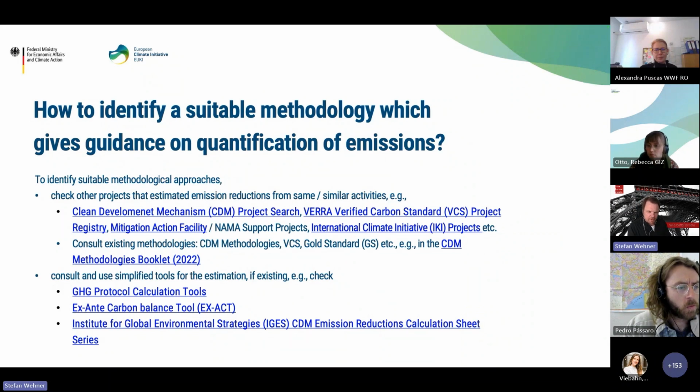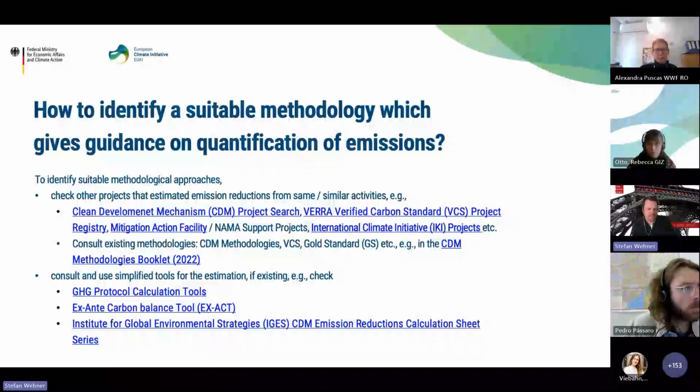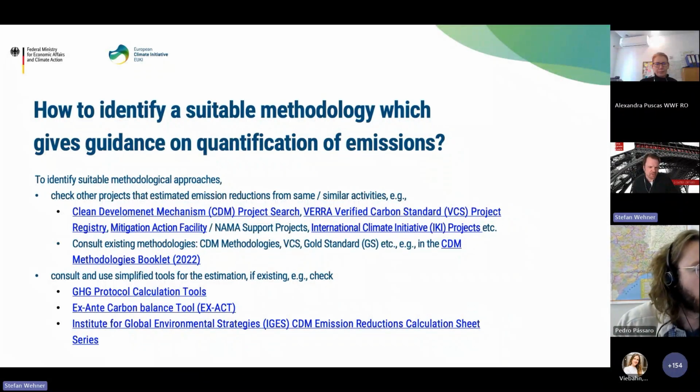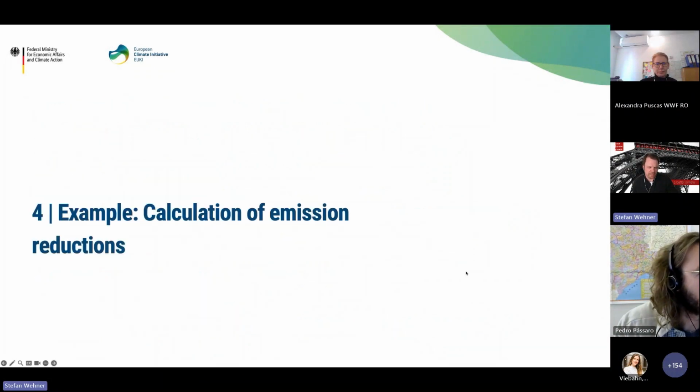I have to say, and I forgot this maybe under the CDM methodologies, some of them also provide ready-to-use Excel tools, basically putting the underlying methodology already in Excel, and then you can use it. In most cases, it probably needs an adaptation to your case. But yeah, there are tools out there that are ready and can help you.